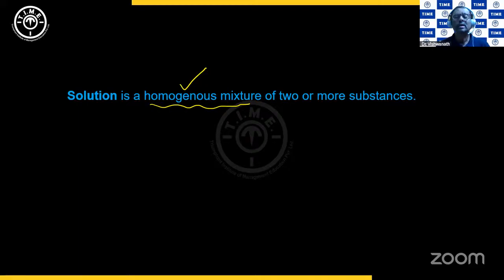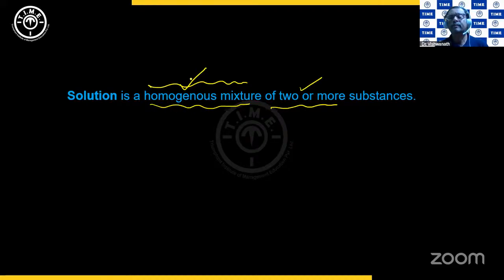You have dissolved it in such a way that there are no sugar crystals seen. You drink any part of this water, it will be equally sweet, right? Take the first drop or the second drop with a spoon, the sweetness is the same. So it is a uniform composition. It's a homogeneous mixture of two or more substances.